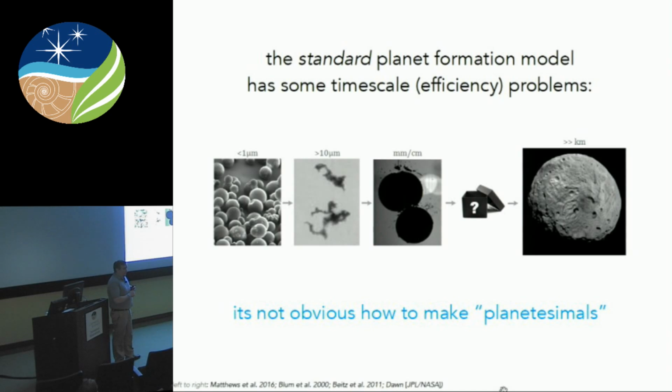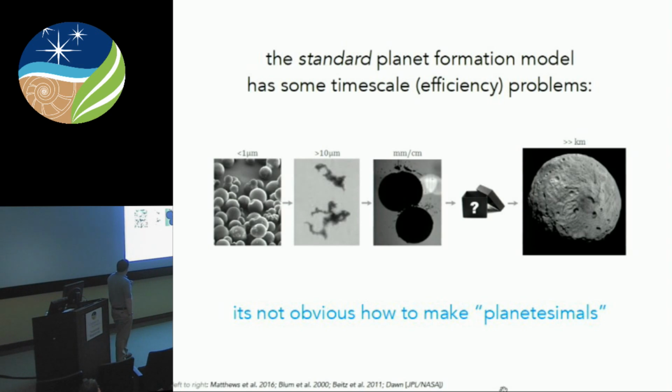There are many theoretical ideas for how this happens, but it's not actually obvious if any of them work and how to make them in these disks, right? So the buildup to centimeter size scales, I'd say at this point, is fairly well developed, both theoretically, observationally, and in the laboratory.